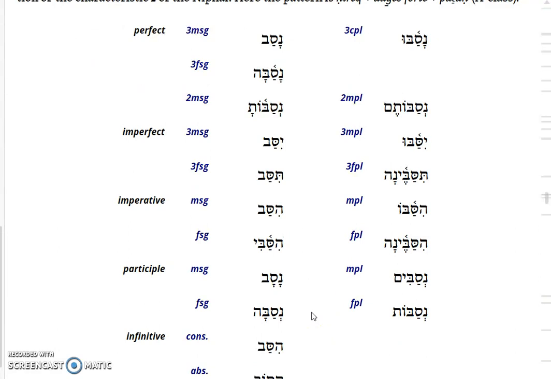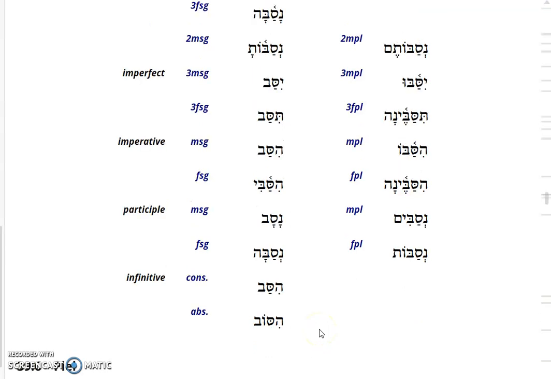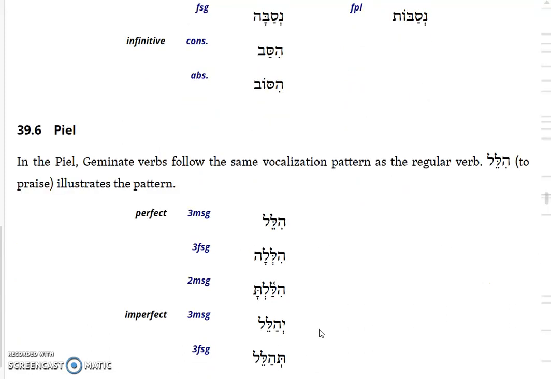The participle is nasav, as the masculine singular form, and then when you add endings, the propretonic kamats reduces to shva, and the kamats here becomes a patah, and you get a doubling, again betraying the fact that this is a geminate. And you see the infinitive construct and the infinitive absolute forms there.